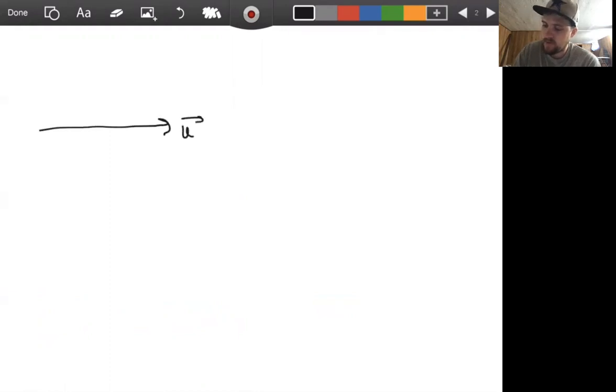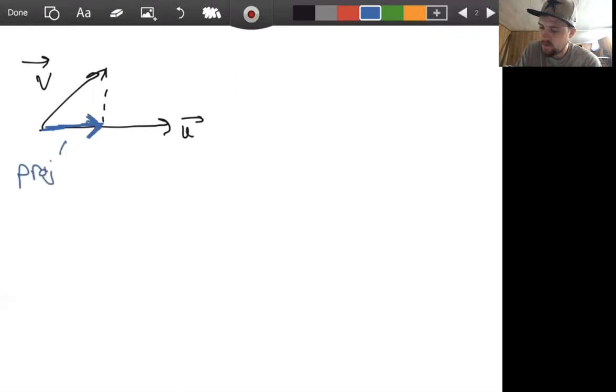So let me copy my picture here. We have u, we have v, we have our projection. This vector in blue is the projection of v onto u.